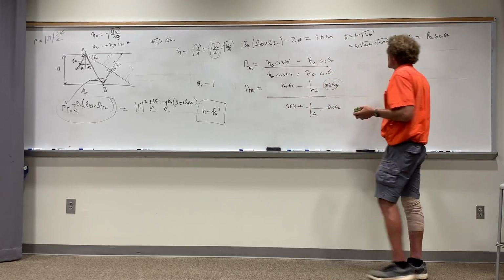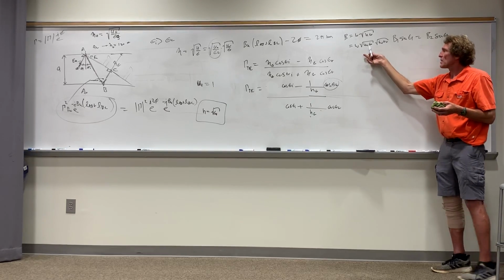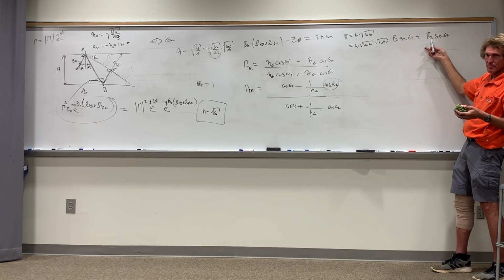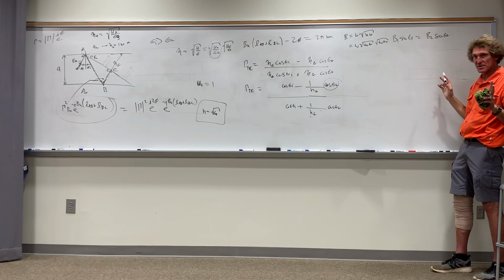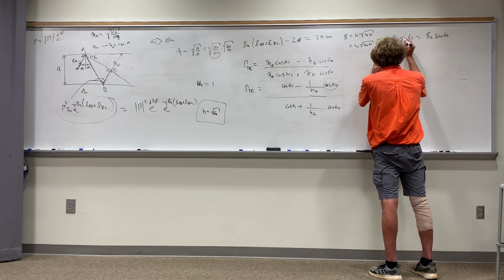Now, here's my point. That beta term, omega times square root of mu naught epsilon naught, occurs on both sides. Do you all see that? The only thing I care about is the square root of epsilon relative, right? Which is the index of refraction.